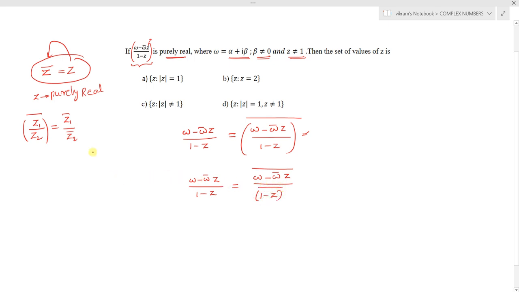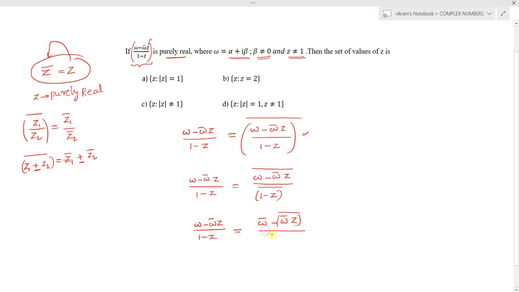Also, the conjugate of z1 plus z2 can be written as z1 conjugate plus z2 conjugate, so the RHS becomes w conjugate minus, and the conjugate of w conjugate z.